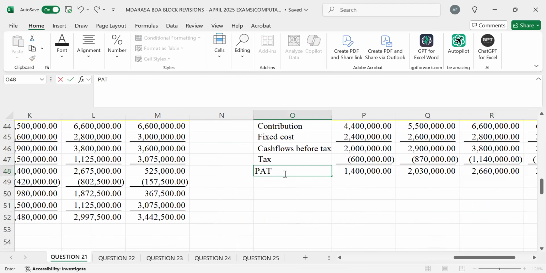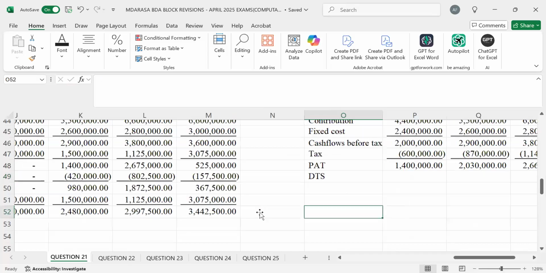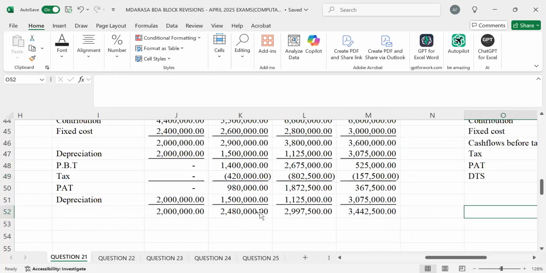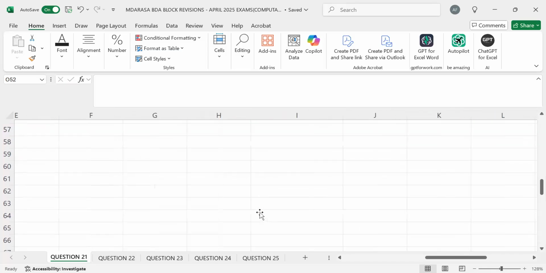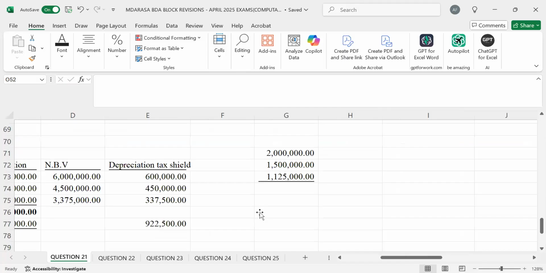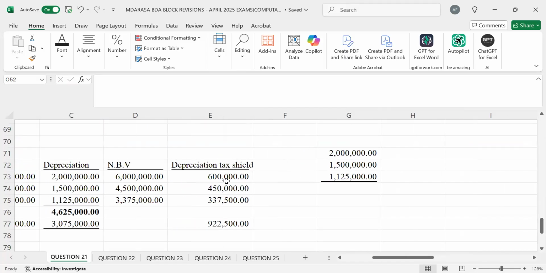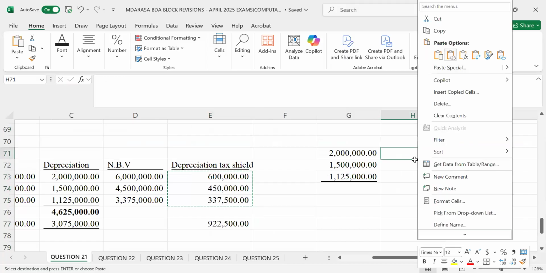Then we come and add the depreciation tax shield, our DTS. So what would be our DTS in this case? Our DTS, as per what we computed, these were our DTS, right?